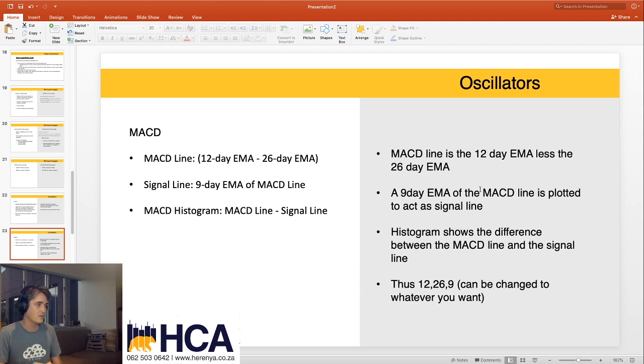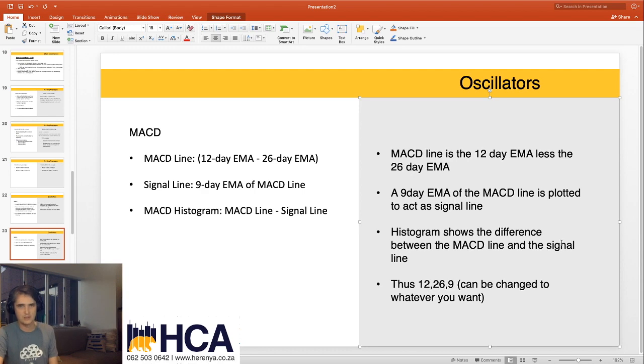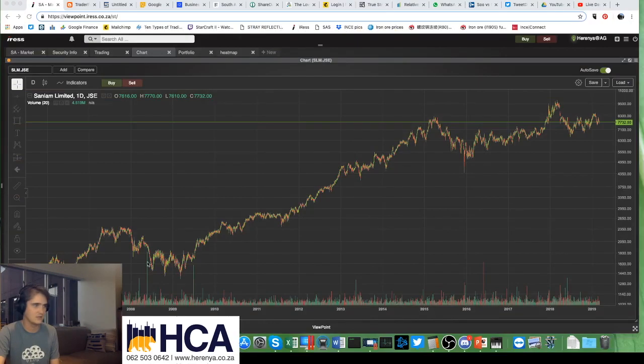Then on top of that we put a 9-day EMA to act as our signal line. So when those two cross over, we could potentially have signals to buy and sell. And then the histogram basically shows the difference between the MACD and the signal line, which is a bit of an indication of what the momentum on the stock is. The standard settings are thus 12, 26, 9, which is the setting that we use for most of them, which is the standard.